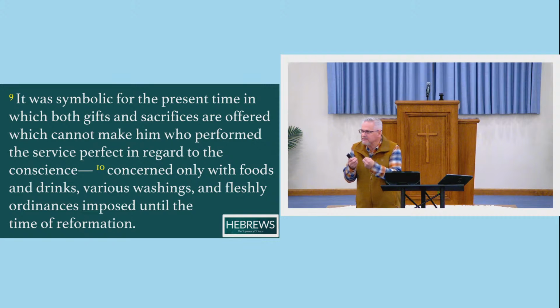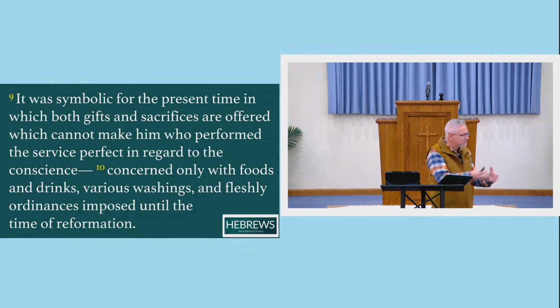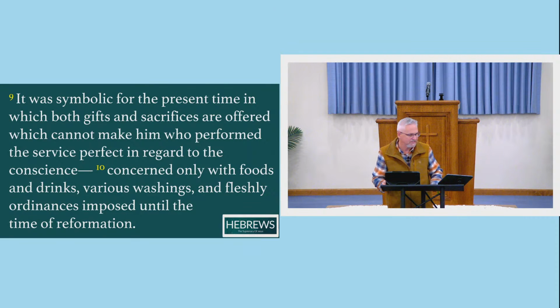So we get the point the Hebrews writer is trying to make, that these were fleshly things, physical sacrifices, being made at this point in time. But they cannot make him who performed the service perfect, complete in regard to the conscience. It could not accomplish that.